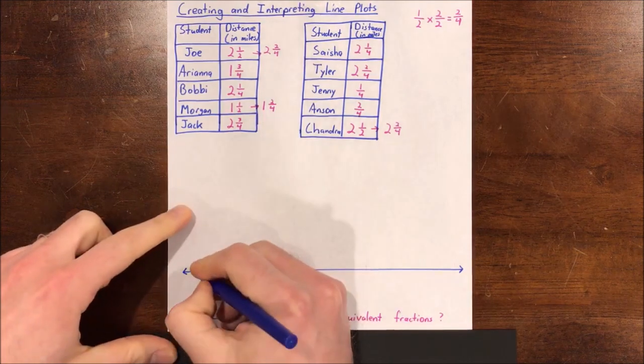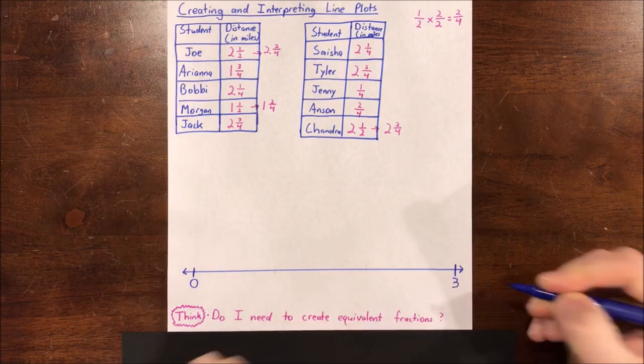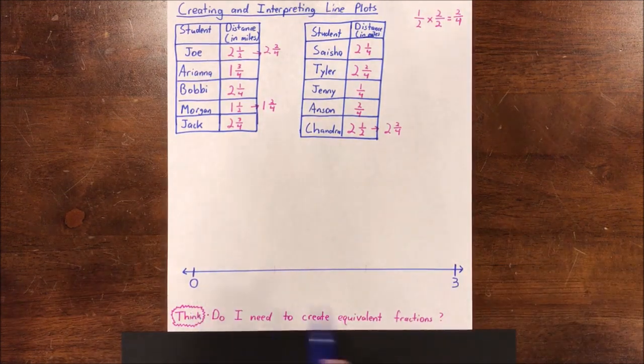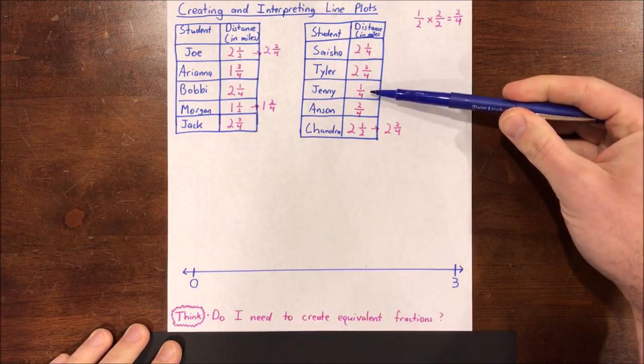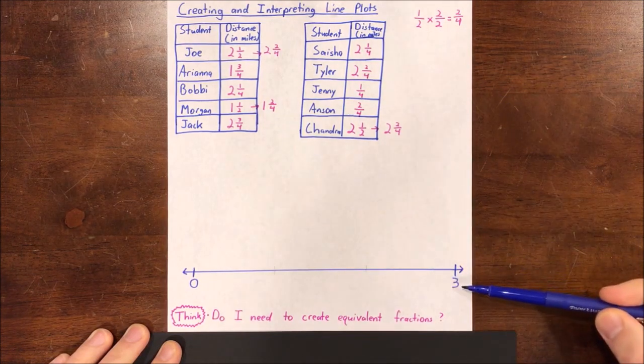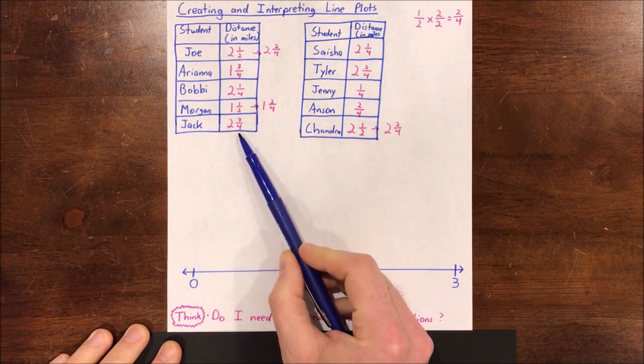We're going to want to go from 0 to 3. Why do 0 and 3 make sense? Say it out loud. Yeah, 0 is the whole number that is less than our smallest fraction. And 3 is the whole number that is more than our greatest mixed number or fraction.